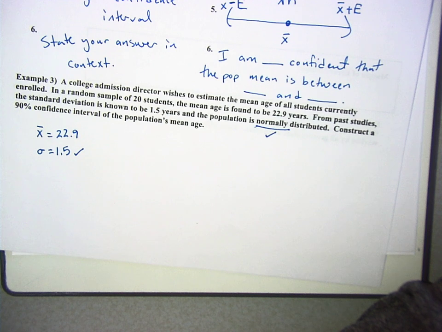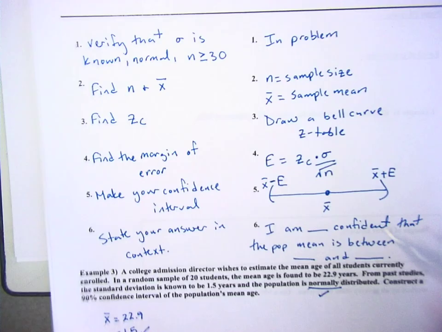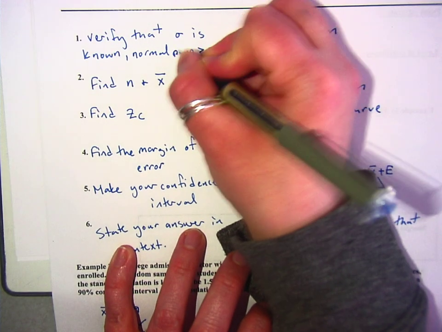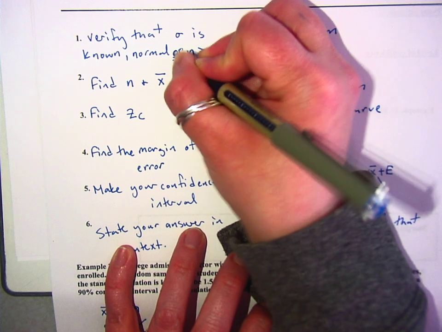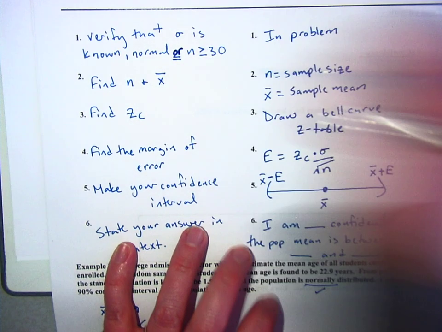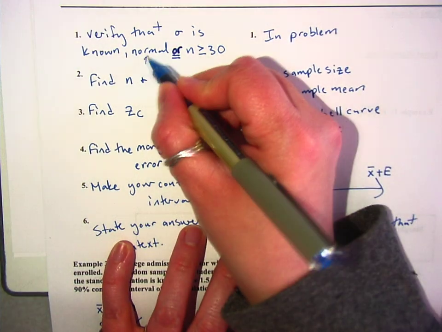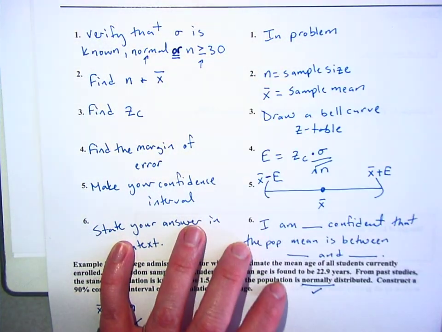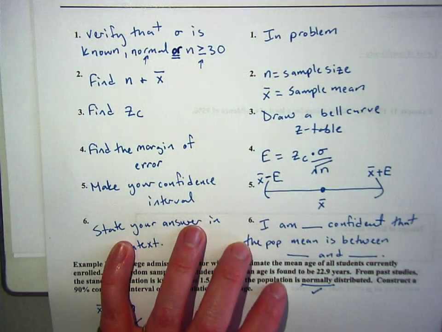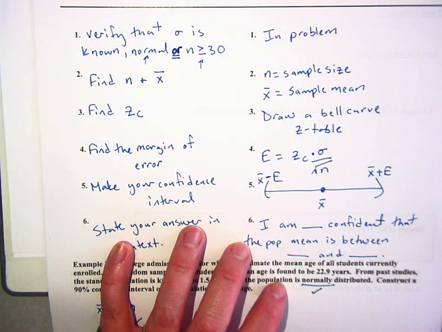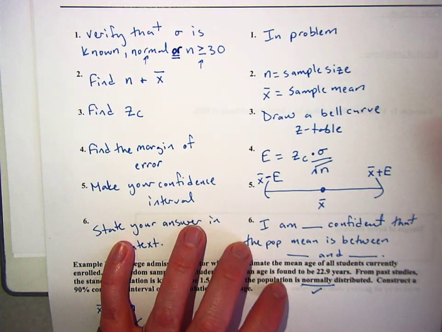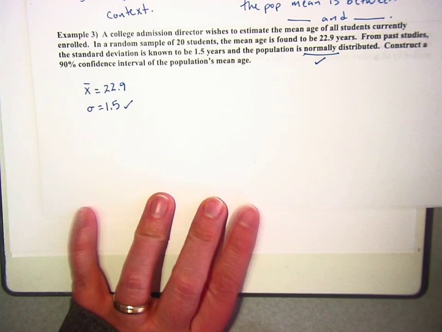Population is normally distributed, oh, or. Okay, we need to change this. Normal or... Do you guys remember how the central limit theorem says that if your n is big enough, then it becomes normal anyway? So it's either normal already or n is greater than or equal to 30. Either one's an okay thing. Sorry, my mistake. Okay, so we've got it normal, so we're already good to go.